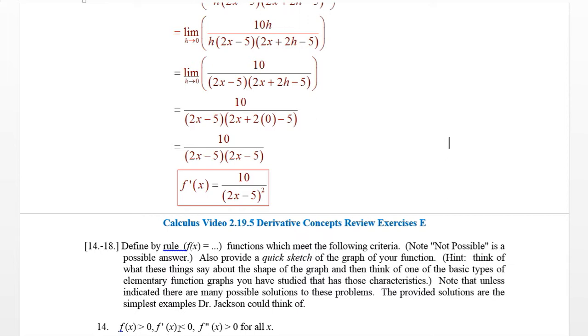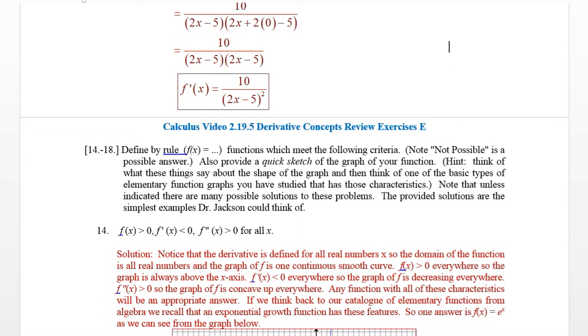The derivative is negative, so that means the original function must be decreasing. So we got a function that's above the x-axis, decreasing. And the second derivative is positive, so that says the original function is concave up everywhere. So, what does that look like? Let's see here.